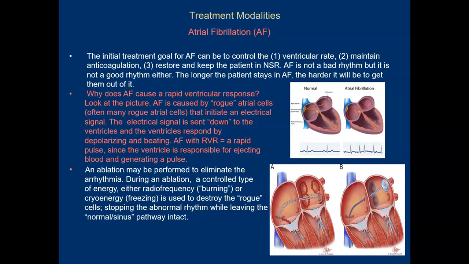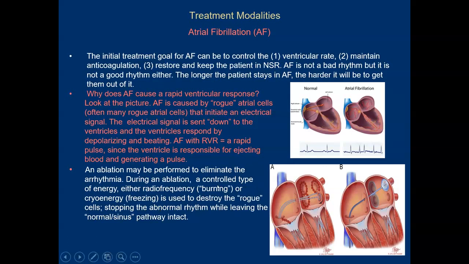And if a patient has this rhythm on multiple occasions, then we've got to do something with those rogue cells. And that's where an ablation may be performed, again, by a very specialized cardiologist. This ablation will have a controlled method of getting rid of these rogue atrial cells, and they will destroy them by either burning or freezing.